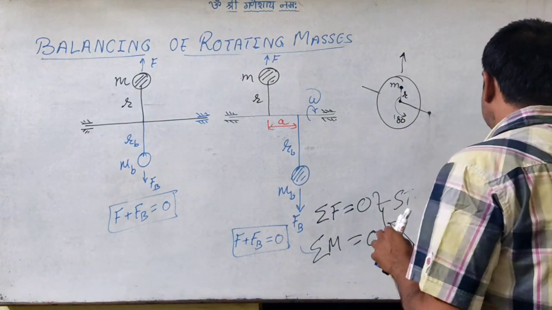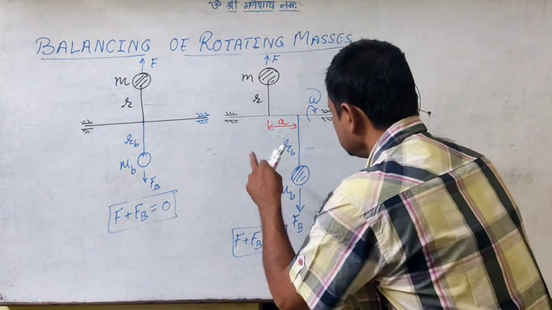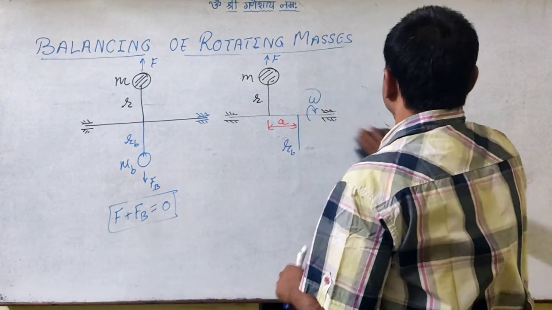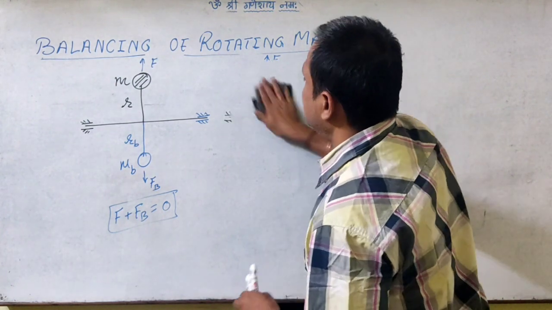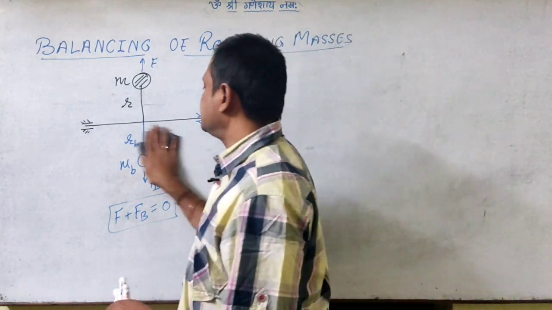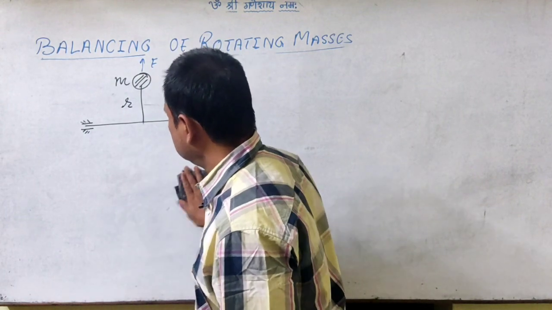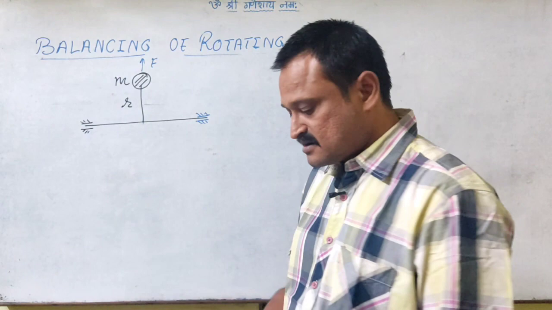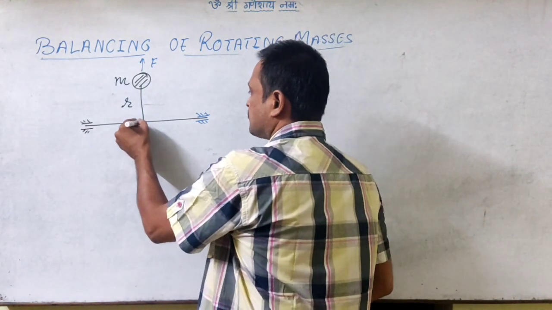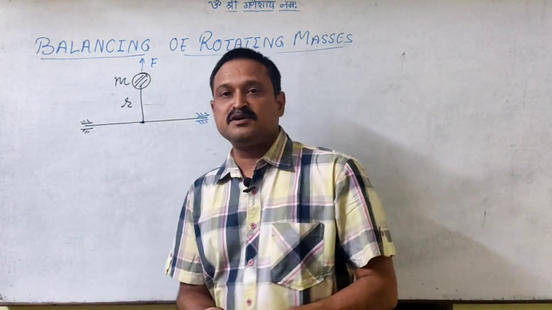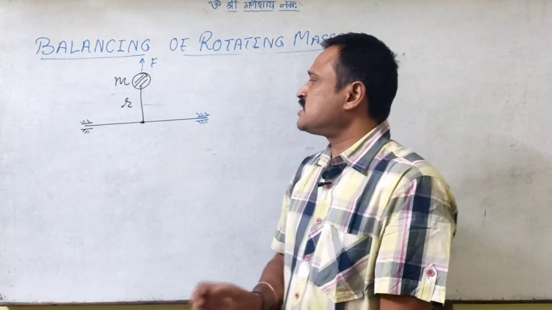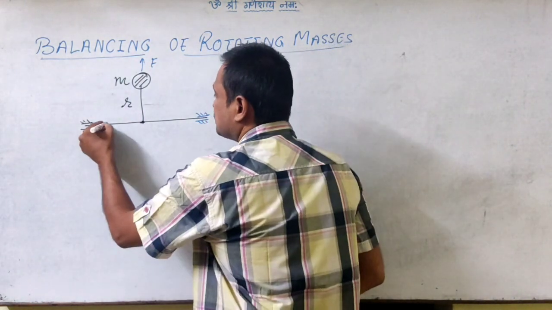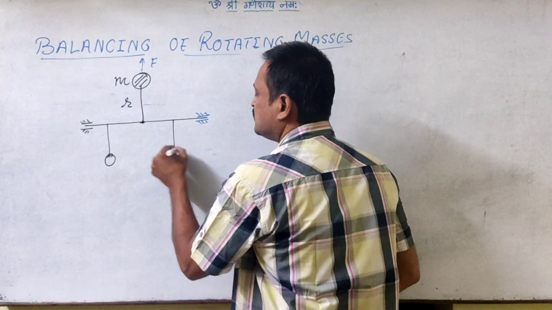Now let us see another aspect in this case. Here we have balanced the system with the help of a single mass. Even here, as I have talked about the restrictions, maybe it is not possible to place only a single mass. So I can select two different masses at two different locations.